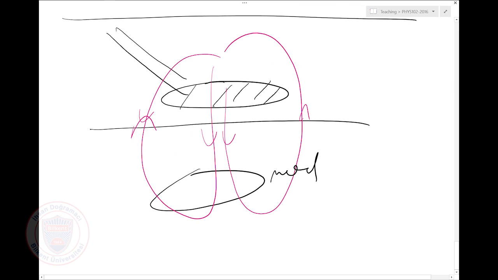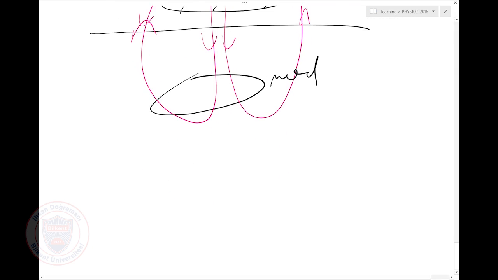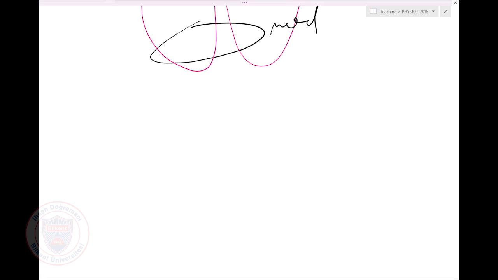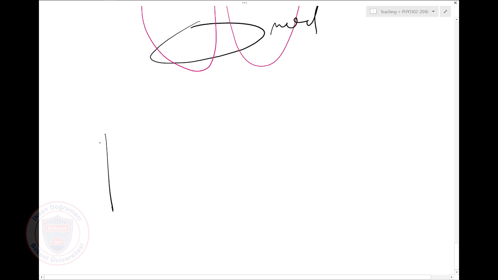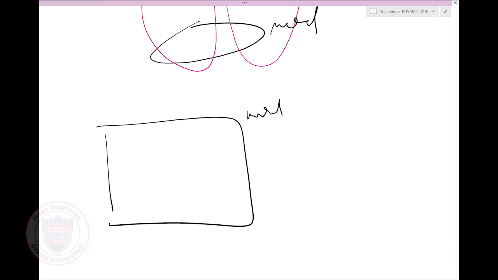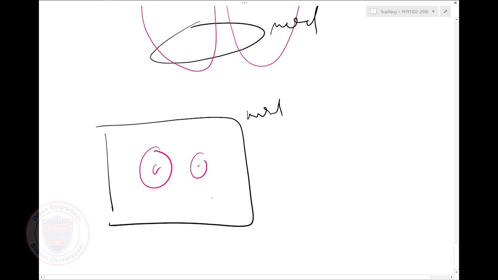Now, if you have a metal, let me try to draw something easier. Let's say I have a piece of metal and it sees some magnetic field which is non-uniform and changing in time.